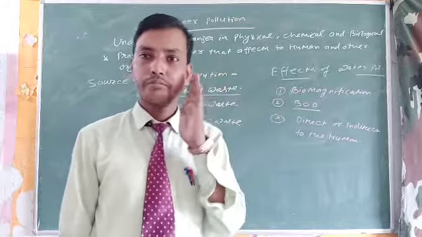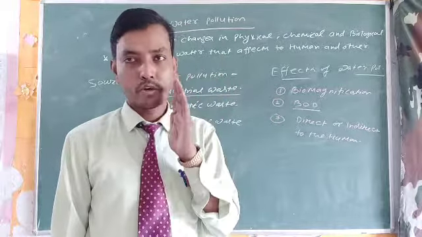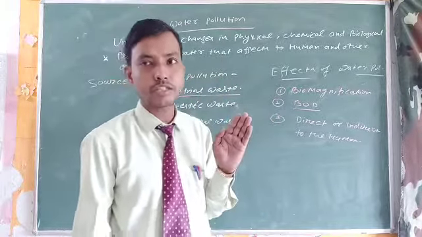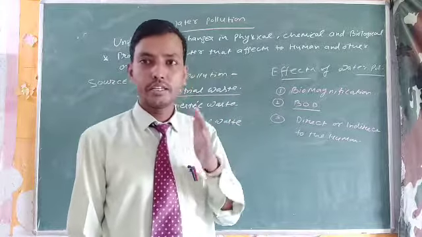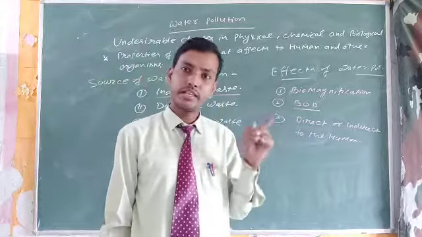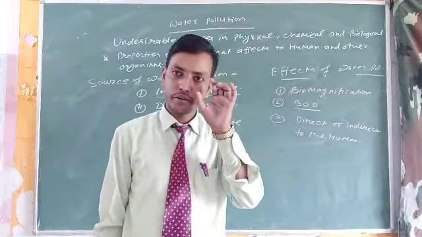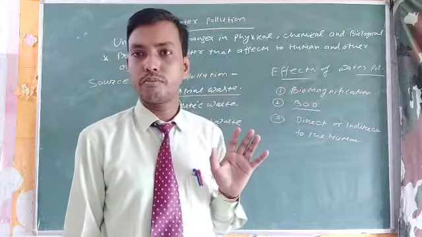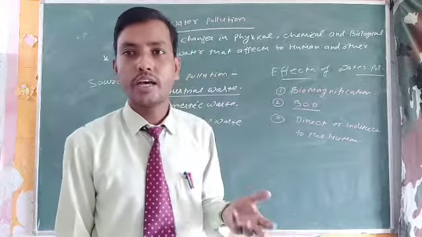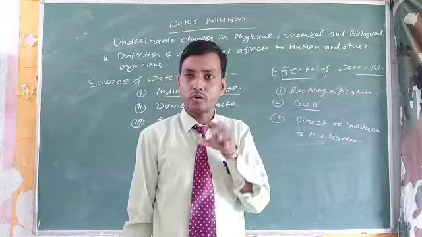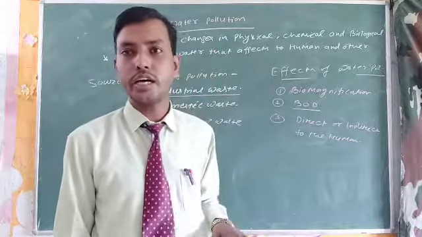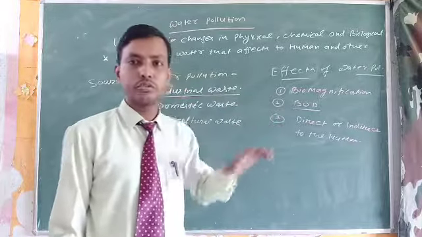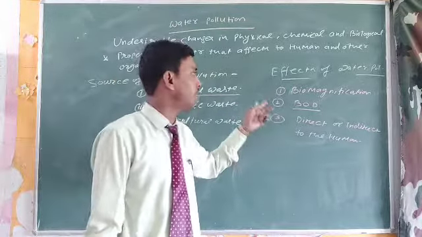It filters the domestic as well as the industrial waste material in different steps, and it is required to be installed in every part of our country as well as the world, at the local area, community level, or municipal level. So these are very important terms regarding water pollution.